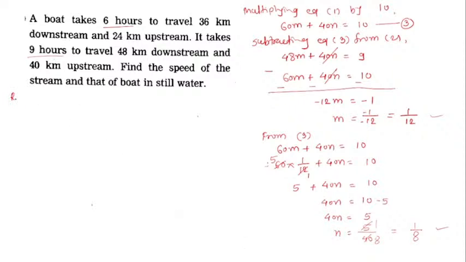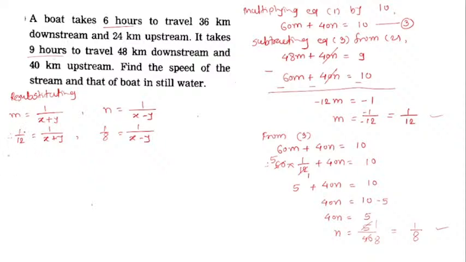So resubstituting, m is equal to 1 divided by x plus y and n is 1 divided by x minus y. Now value of m आपण काढलेले 1 by 12. So 1 divided by 12 is equal to 1 divided by x plus y. Value of n is 1 divided by 8 is equal to 1 divided by x minus y.